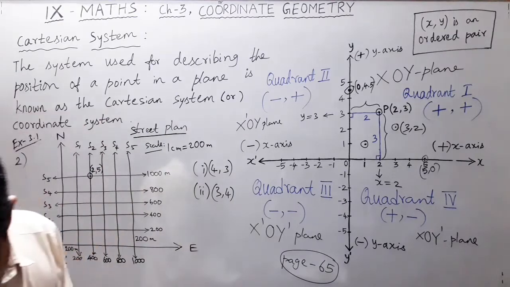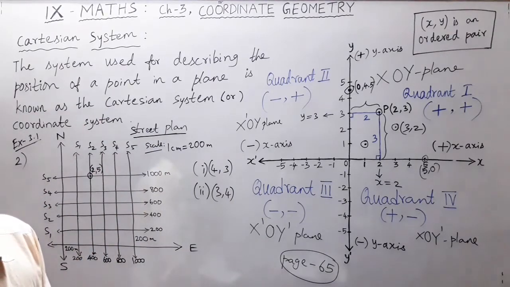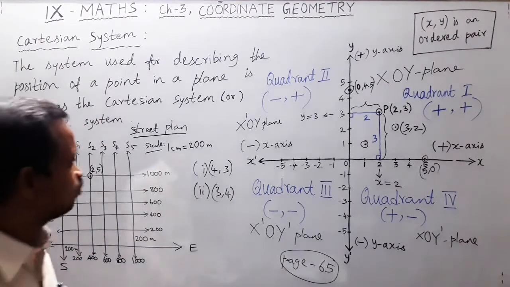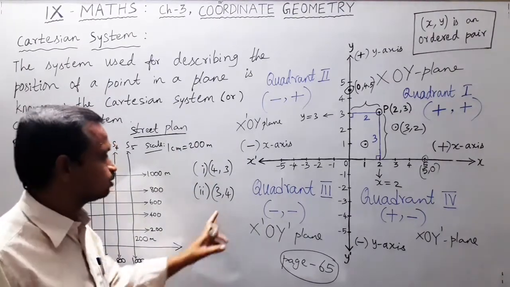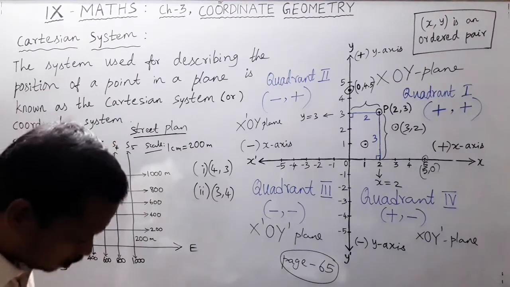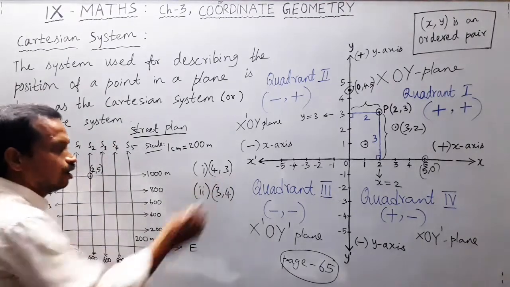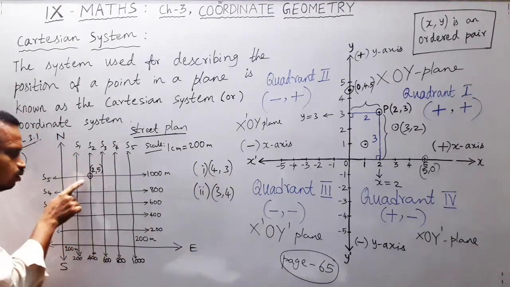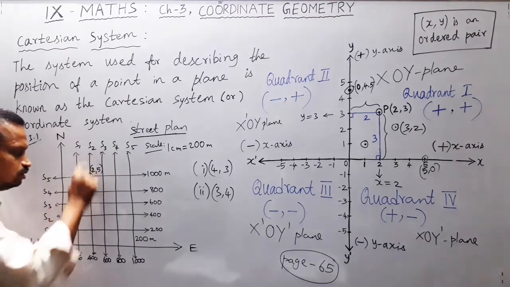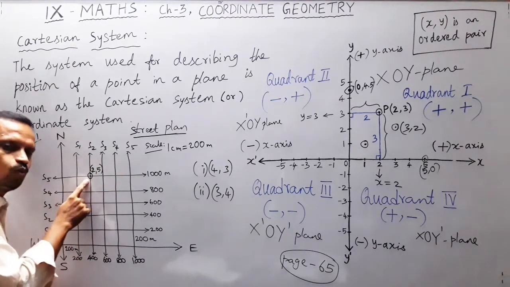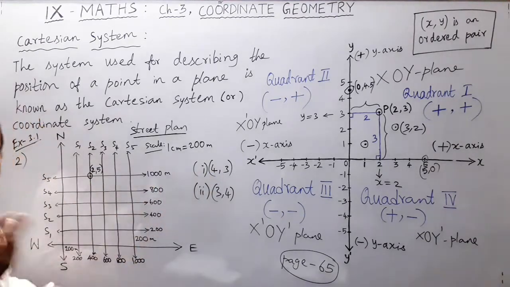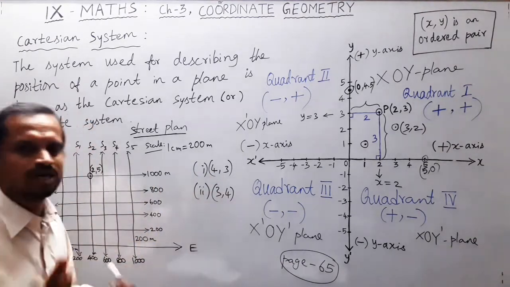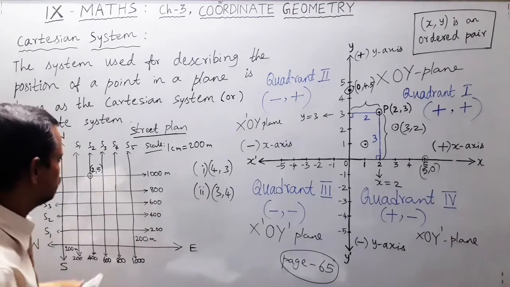So they are asking how many cross streets can be referred to as 4, 3, and in option 2, how many cross streets can be referred to as 3, 4. You see, 2, 5 means only one cross street is there. So 4, 3 means how many, and 3, 4 means how many cross streets can you get. Like that is the question.